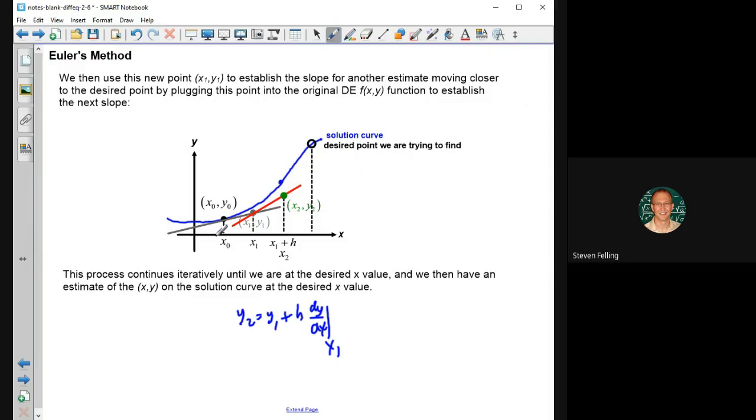Now, we just keep that up until we finally get to our desired x value, and whatever the result is, that's the estimated y. That's the approximate y for the actual y on the solution curve. And actually, I'm exaggerating this, but usually the error here is very, very small if you take small enough steps, right? This is the issue. If you try to jump too quickly, then you're going to land pretty far away.